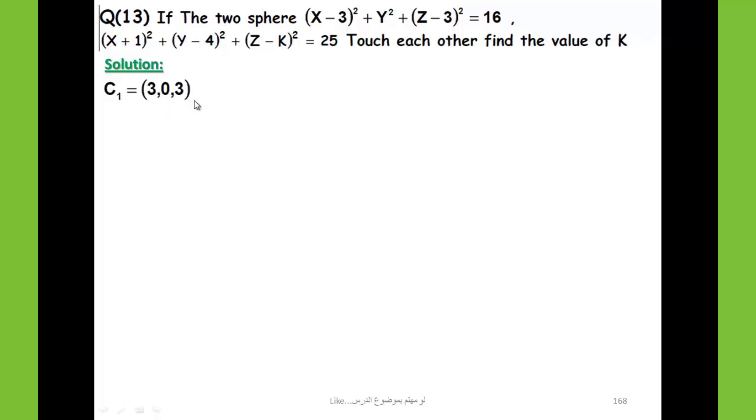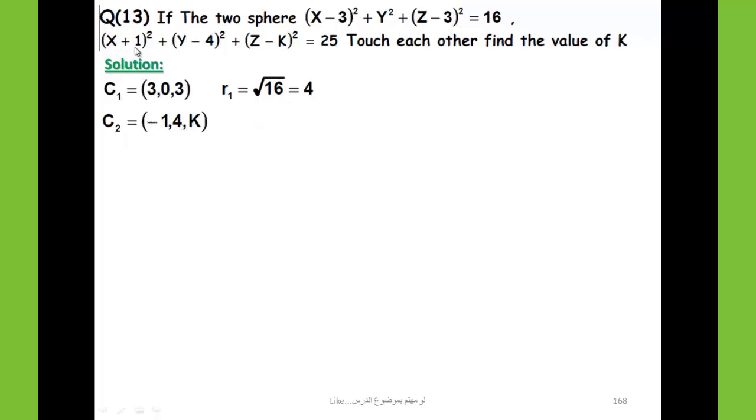And the radius of the first sphere is the square root of 16, which equals 4. So we have C1 and R1. C1 is the center of the first sphere. R1 is the radius of the first sphere.